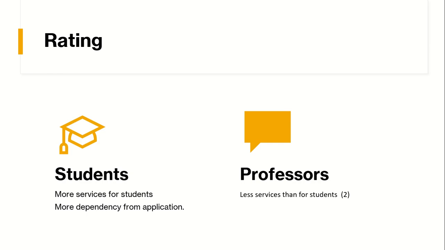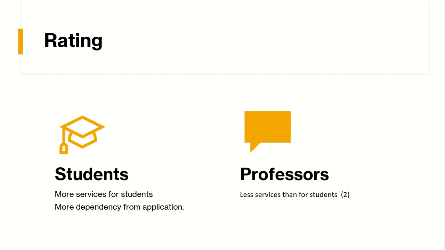And I would like to rate these actors. The first place I would give to the students, since the application is more focused on the student services. And from the viewpoint of students, if we use more services and do most of the services through the application, it means we have more dependency on that application.